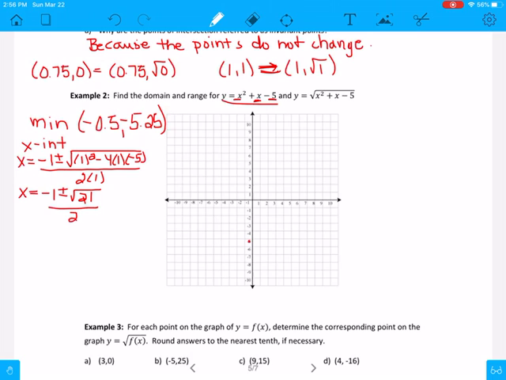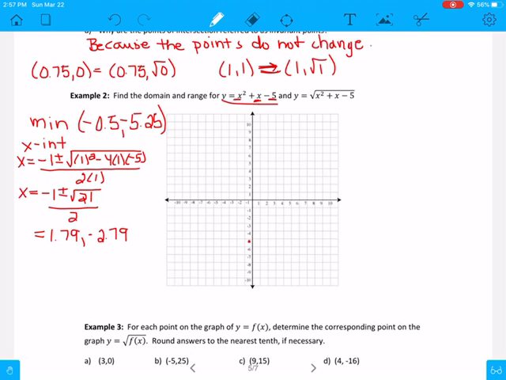So I'm going to type them in, though, so I can get the approximate ones, okay? So it's approximately 1.79 and negative 2.79. Those are the approximate x-intercepts. So I'm going to plot those as well.